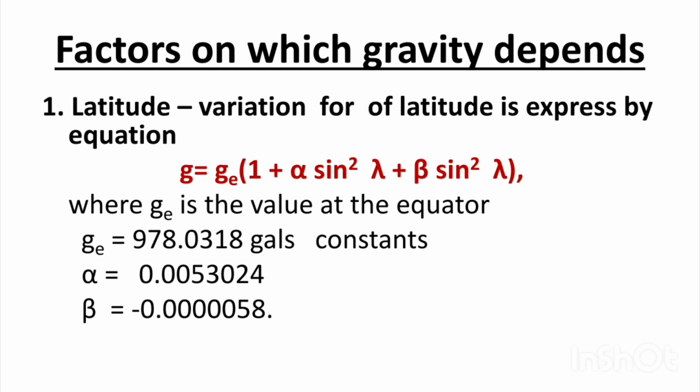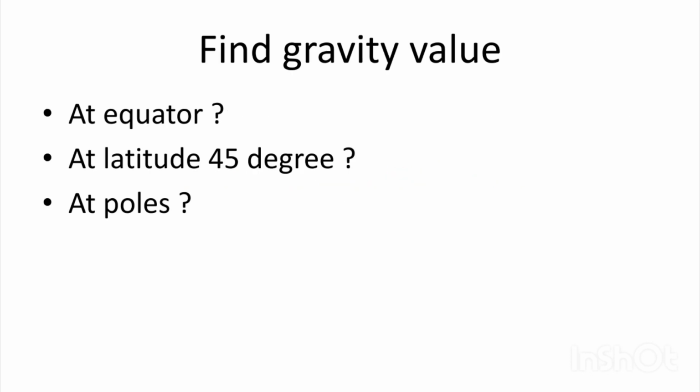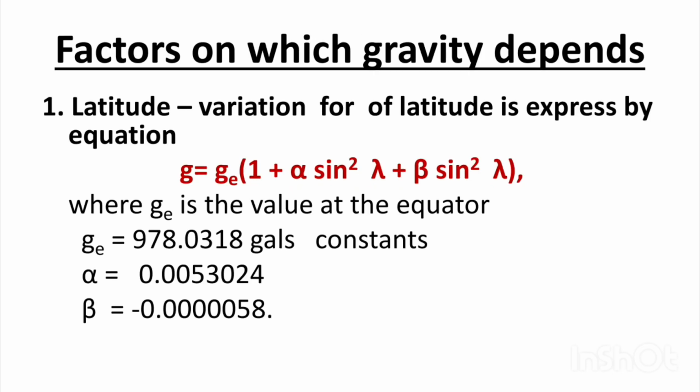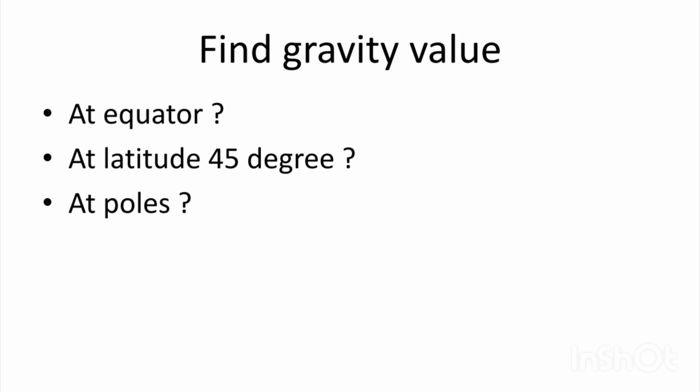You have to remember these gE, alpha and beta. Now there is one question for you. Find the gravity value at the equator, at latitude 45 degrees and at the poles by using this formula. I hope you can solve all this. You can comment down, and if not, I will solve it in the next video. Okay, let's move on to the next part.